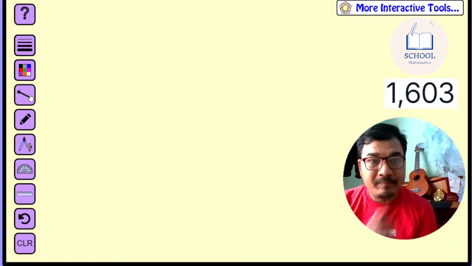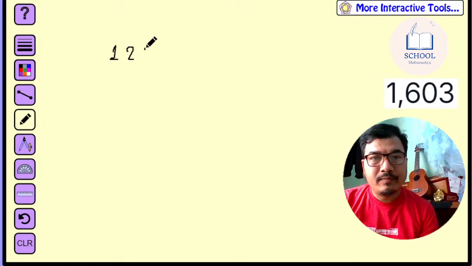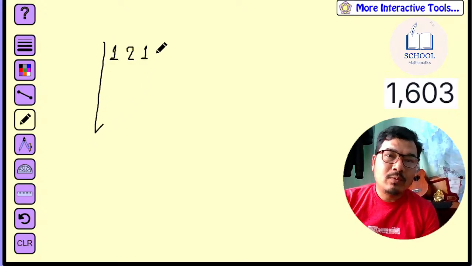Look here. First of all, I want to take the number, square number 121. Okay, and first of all, this number will be kept between these two lines.